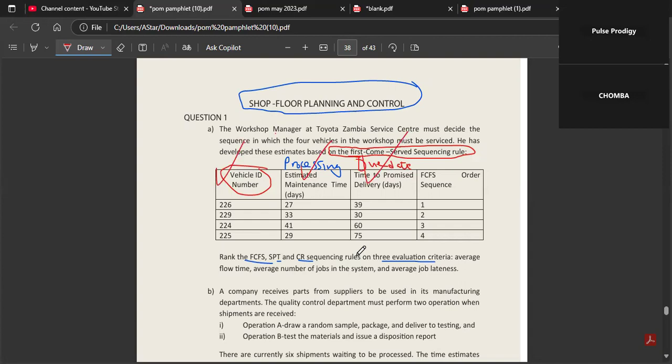And then on the criteria, they're asking us to do three things, but the other things are there. Processing time is there. Yes, so I will show you. The flow time is there, but they asked about what? Three things. What are those?